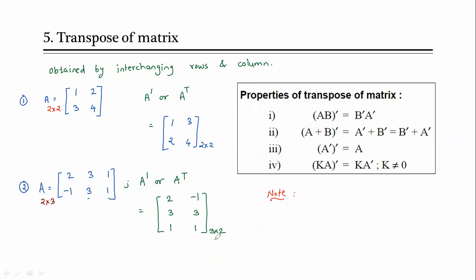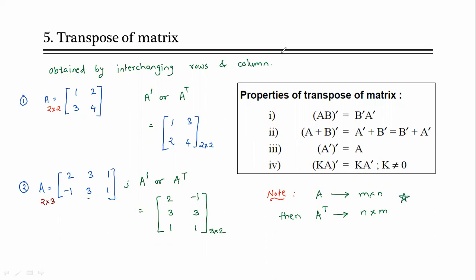What is the order of the transpose matrix? 3 by 2. So it is getting interchanged. So an important point to note here is, if there is a matrix A with order m by n, then what will be the order of A transpose? It will be n by m. Okay, that you have to remember.